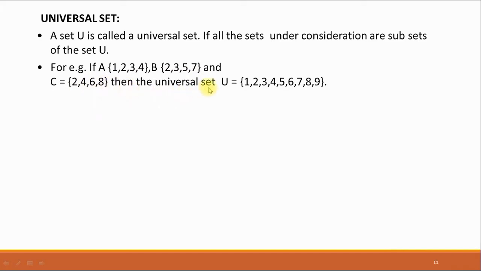Then the universal set U is equal to {1, 2, 3, 4, 5, 6, 7, 8, 9}. All the sets under consideration are subsets of this set. A is a subset of U, B is a subset of U, and C is also a subset of U. So in this case, U is a superset. So this set U is called a universal set.